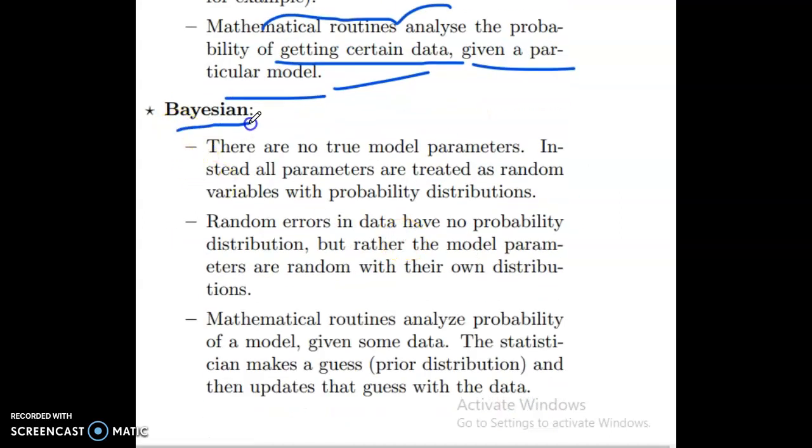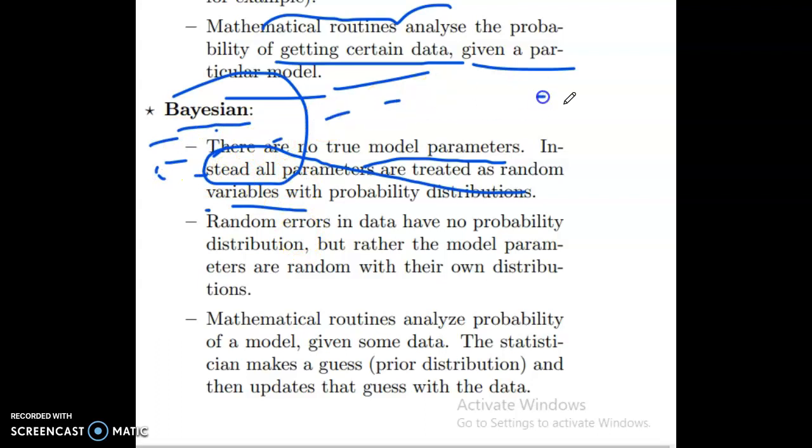Bayesian. There are no true model parameters. Instead, all parameters are treated as random variables, with probability distributions.